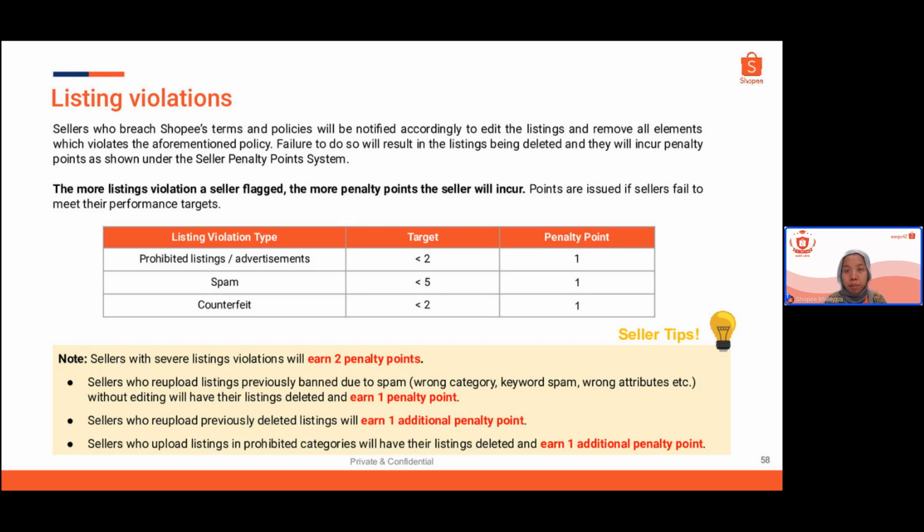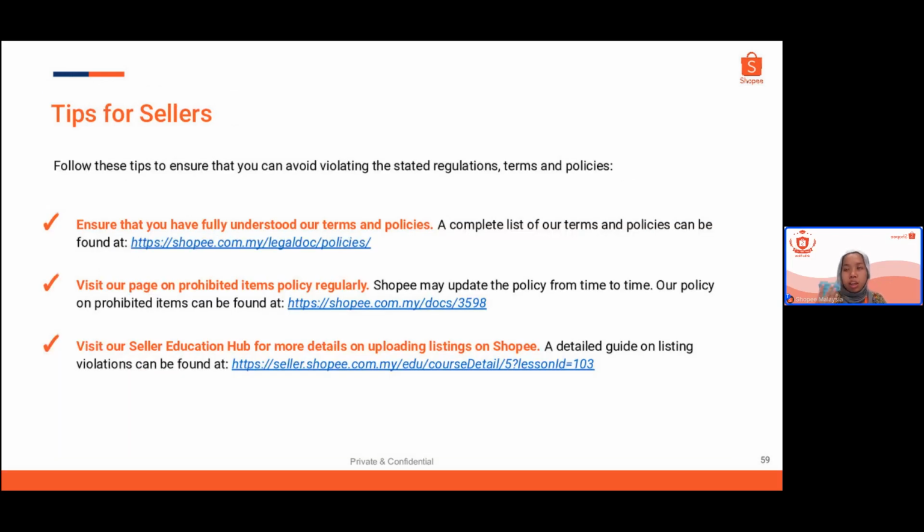So it is important for you to check out all these links, which you are also able to search by Google. You can just put Shopee MY policies, Shopee prohibited listing, Shopee seller education hub.